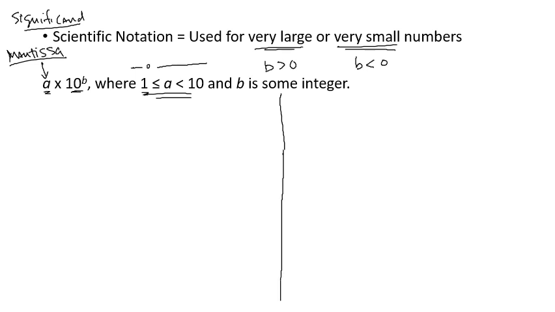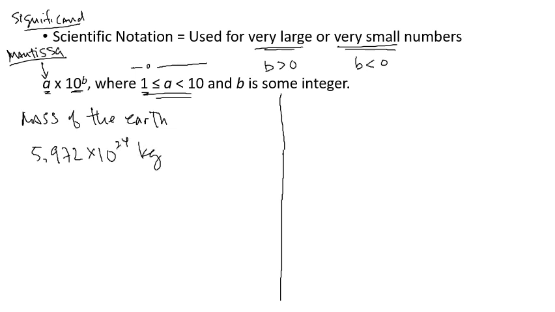I've got here the mass of the Earth is 5.972 times 10 to the 24th kilograms.